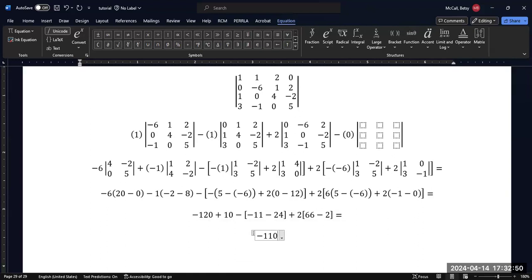Minus 11 minus 24 is going to give me -35, but then I'm minusing it again, so +35. And 66 minus 2 is 64, times 2 is 128. And let's see if we get 53.